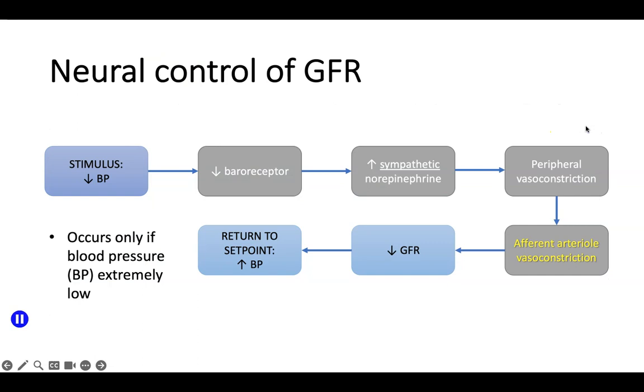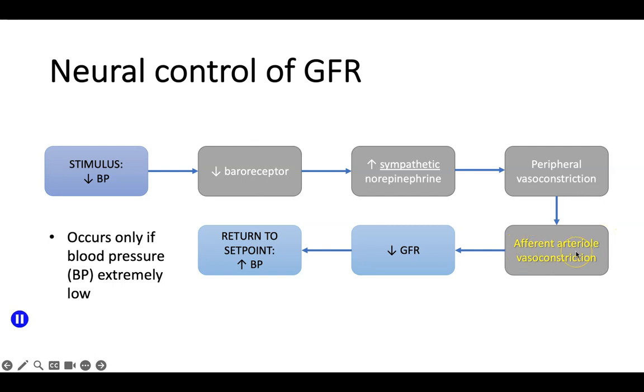Next, we get neural control. So if the blood pressure overall in the body decreases, we have less stimulation of baroreceptors. That's going to increase the release of norepinephrine by sympathetic nerve fibers, and that's going to cause vasoconstriction in the periphery. That includes afferent arteriole vasoconstriction.